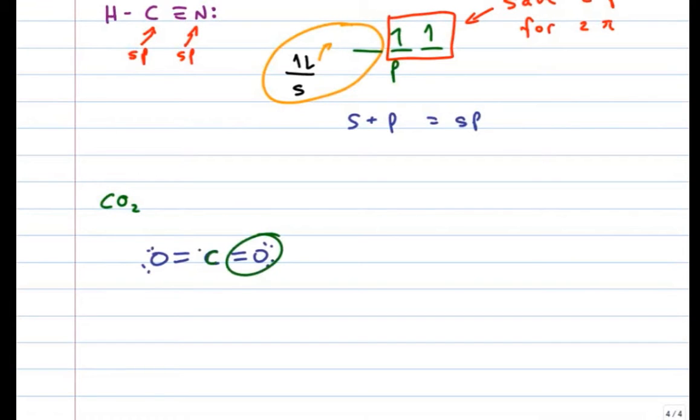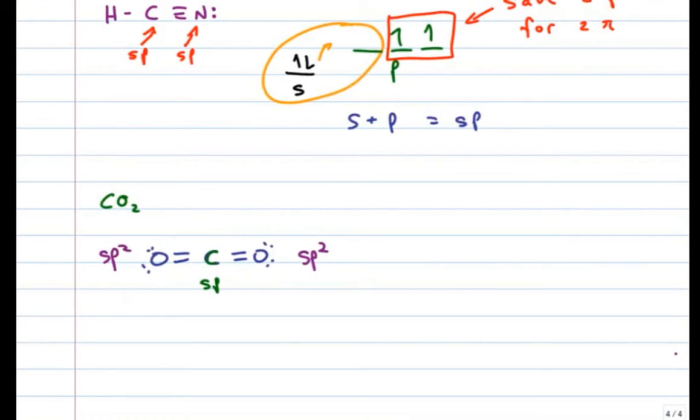Carbon has 2 groups attached, 1, 2, sp, and it's not a triple bond, but it's still 2 pi bonds, 1 pi bond to each of 2 separate oxygen atoms. So that's sp. And then if we look at oxygen, oxygen has 1, 2, 3, so that's 3 groups, sp2. And the same thing on the other side, sp2. So the oxygens are sp2, even though they're attached to carbon. Carbon is not sp2 because it has pi bonds in each direction.